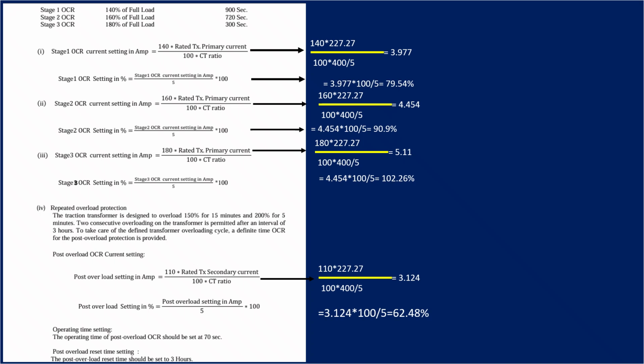There should be no ambiguity. They have written 110 into rated transformer secondary current, but it will be reflected in the HV side because we are calculating the HV side. So it is coming around 62.48%.